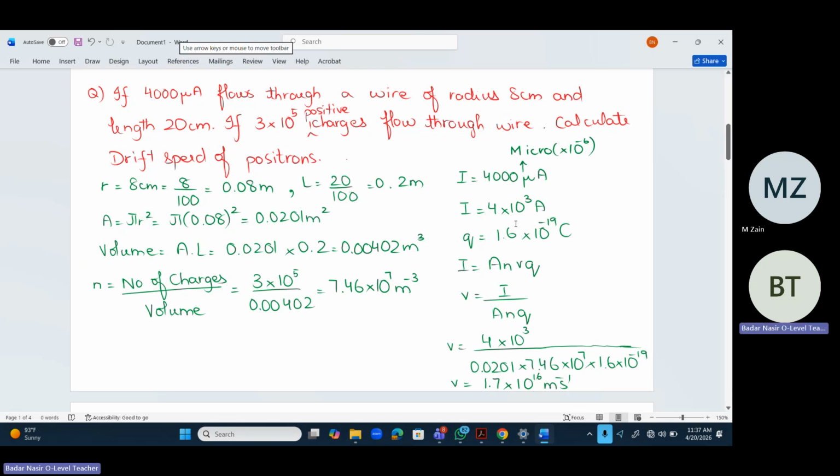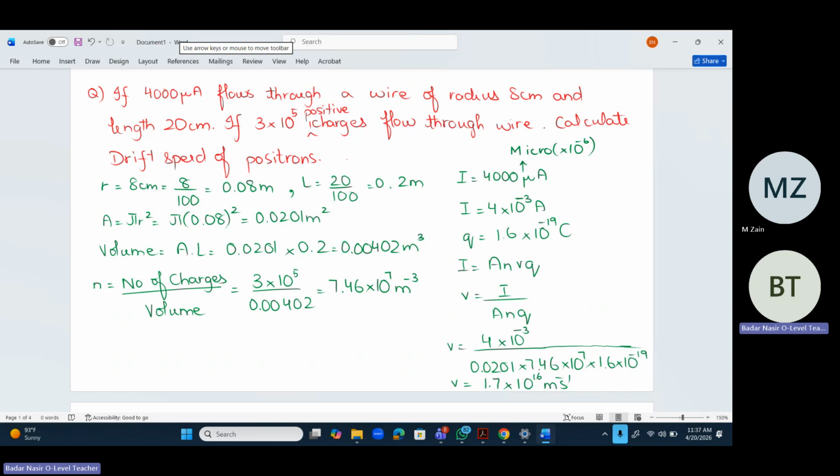Put 10 to the power minus 3. Minus 3 is coming. Okay, I'm sorry. So we were supposed to have minus 3 ahead. So what value comes? 4.47 is coming. Okay.